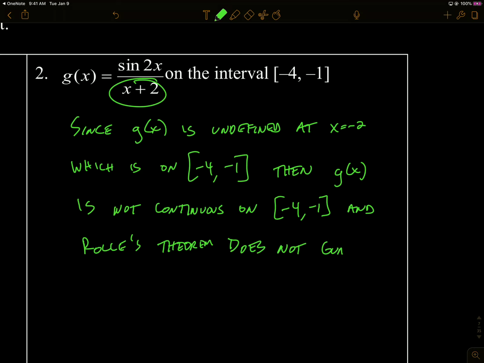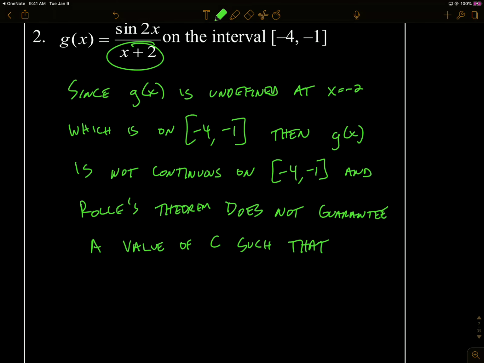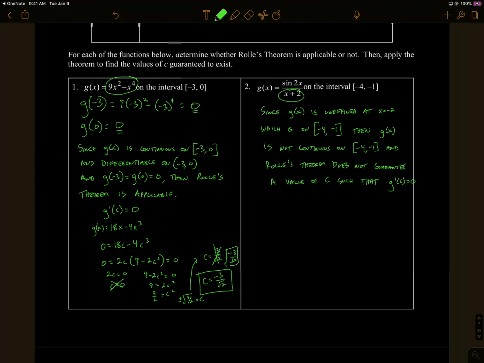So it will not guarantee a value of c such that, just to practice stating the theorem, you could just say does not apply. It does not guarantee that. So there will be no c where the derivative is equal to 0.